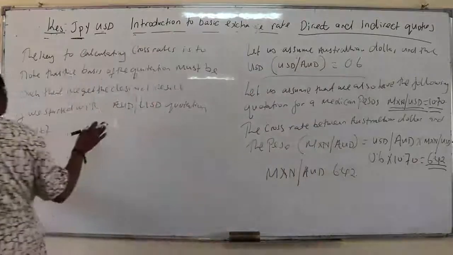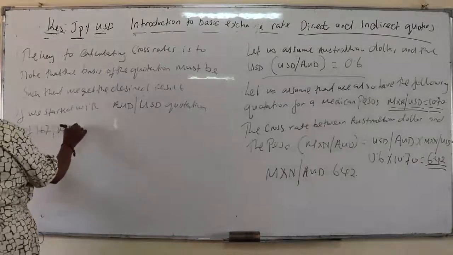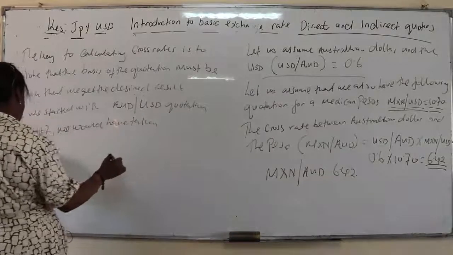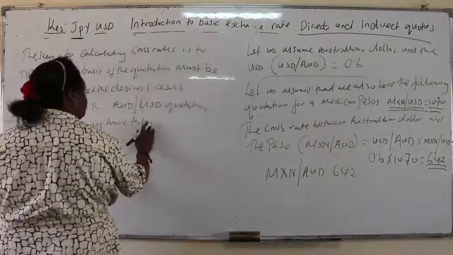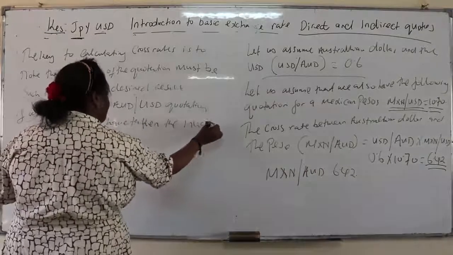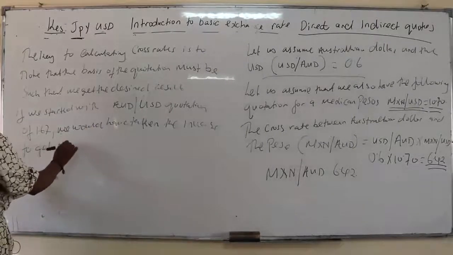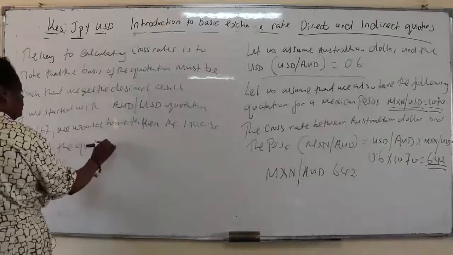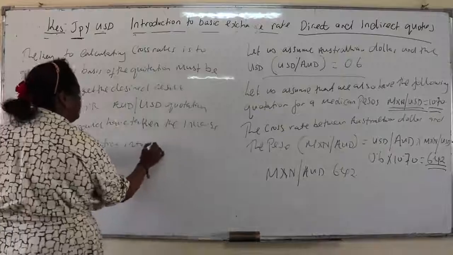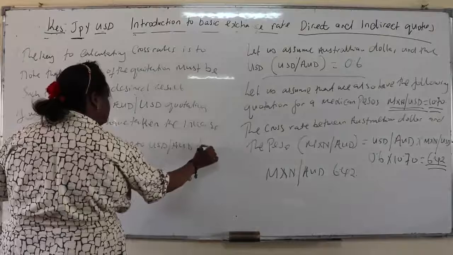If we started with the Australian dollar quotation of 1.67, we would have taken the inverse to get the quotation into US dollar versus the Australian dollar terms.